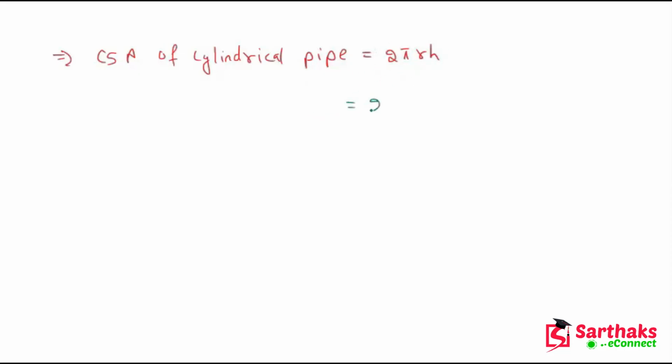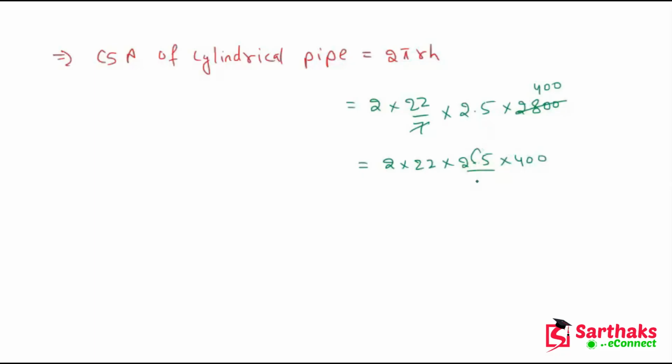So here we get 2 into pi, which we know is 22 upon 7, and R is 2.5, into H we have 2800. So this will be cancelled by 400 times. So here 2 into 22 into 2.5 into 400.